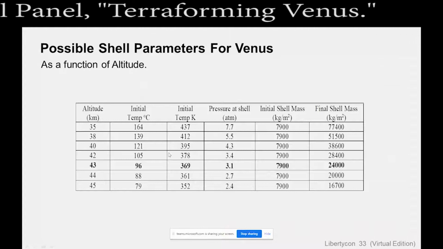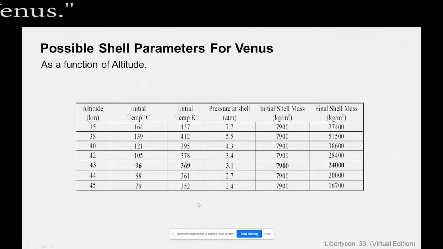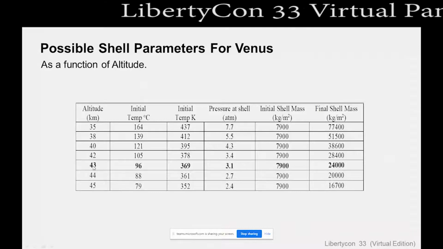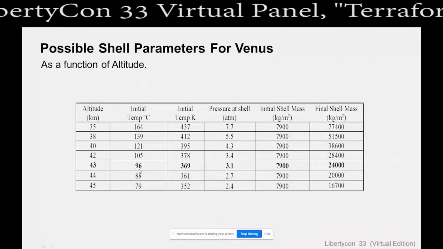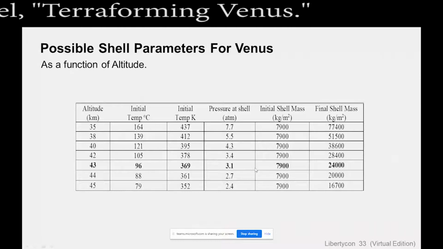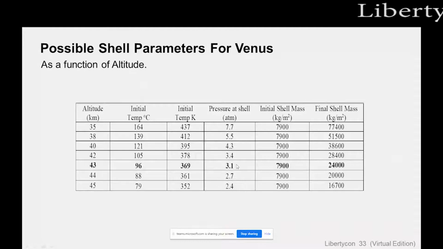There are different places where we can actually build this shell, and here are some various solutions. For our illustrative purposes, I'm going to choose 43 kilometers above the surface. There, the initial temperature of the gas is about 96 degrees C. The pressure at the shell, as we have talked about before, is 3.1 atmospheres.